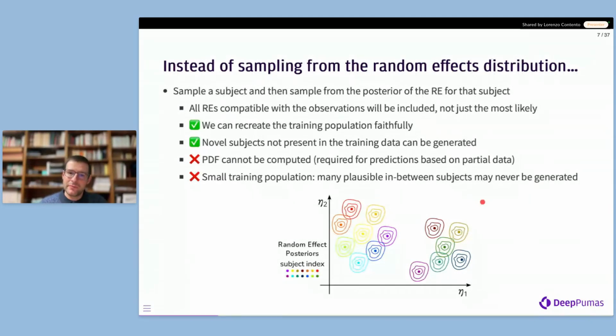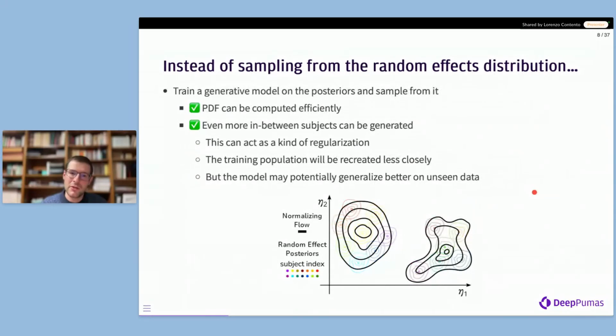So to correct these two problems, we finally reach our proposal: use a generative model that is fitted on the posteriors and approximates them by smoothing them out. A generative model is a machine learning model that essentially can be trained on any distribution, and it will try to approximate it.